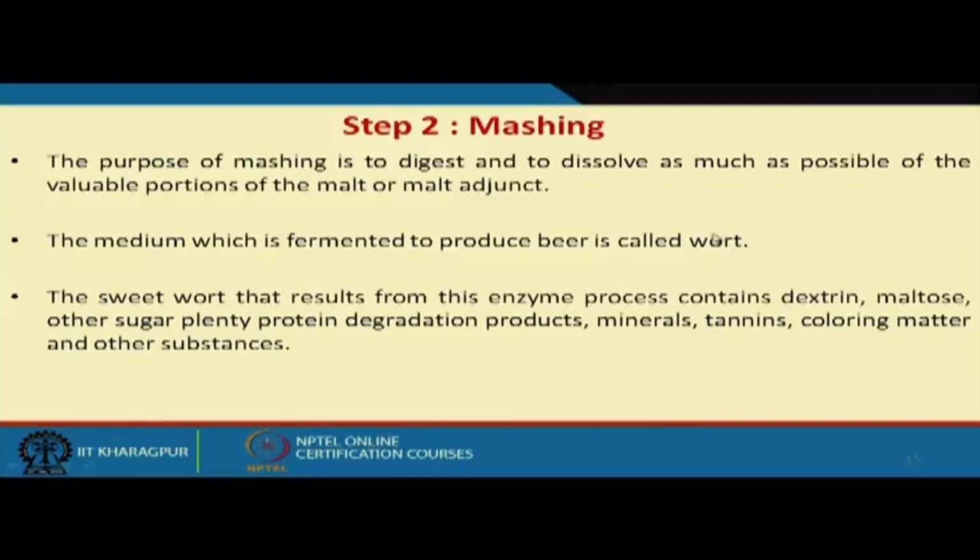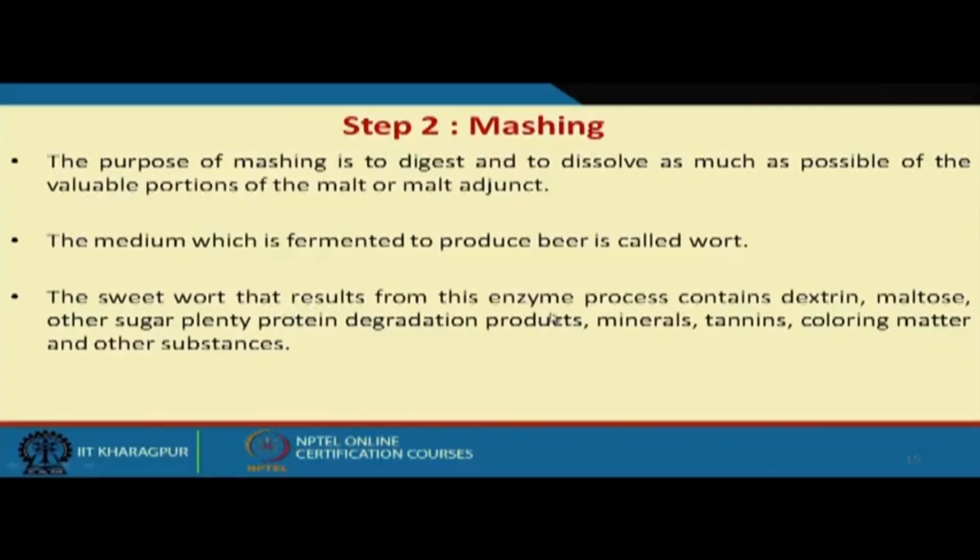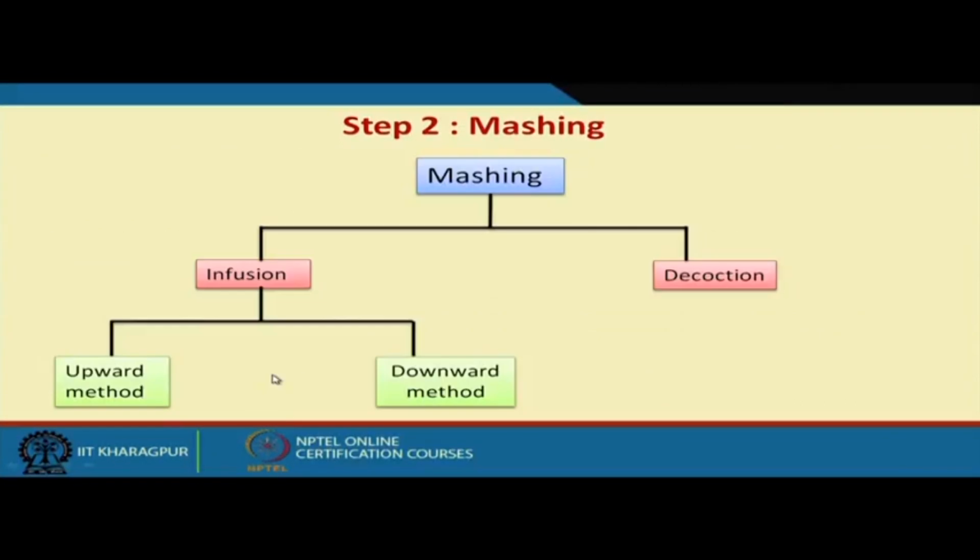If we go to the industry, we will find the wort tank. Wort is nothing but, after the saccharification, whatever soluble material comes out, because it is the medium that is suitable for fermentation purposes. The sweet wort that results from the enzyme process contains dextrin, maltose and other sugars, plenty of protein degraded products, minerals, tannin and coloring matter and other substances.